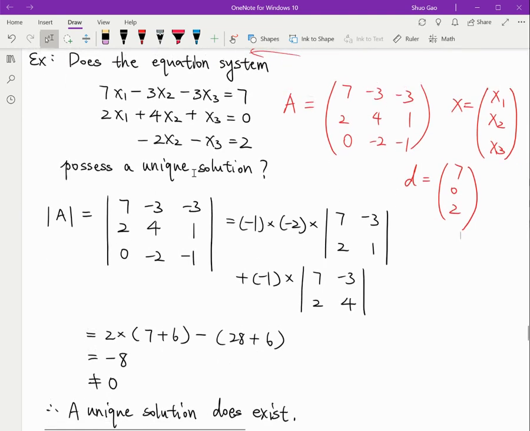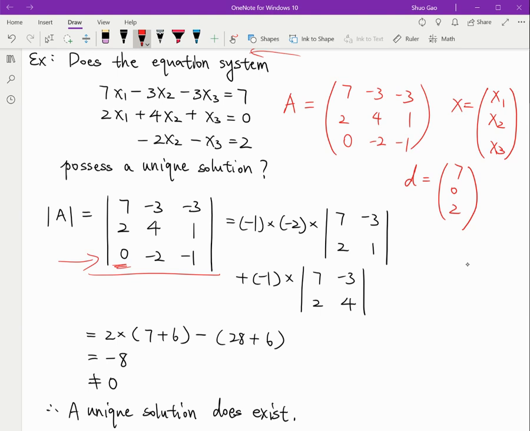And then we'll check either the rank of A or the determinant of A. Right, so here we check the determinant of A. The easiest way to find the determinant is to expand from the third row, right? Since we have a 0 here, we can get rid of this term.